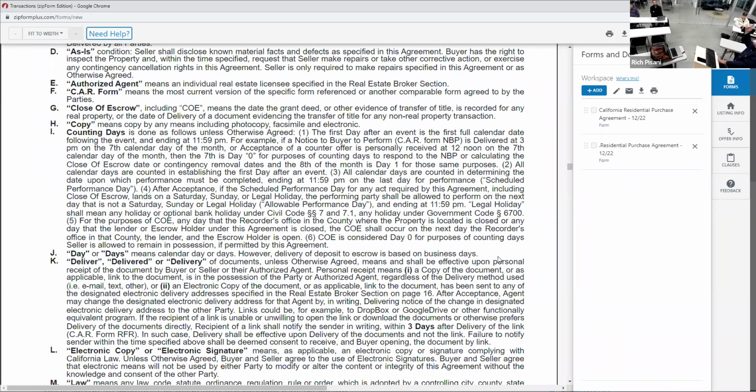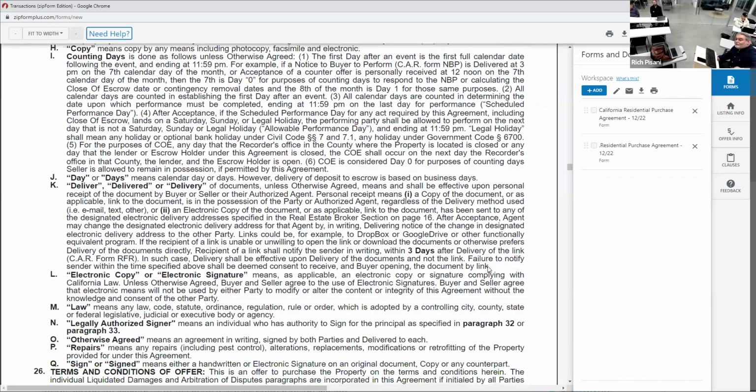So Monday, you have to give them Monday to perform. So on Tuesday, the seller would be able to cancel, or the buyer would be able to cancel, depending on who. And it doesn't matter what time of day you deliver it. It is a day, from midnight to 11:59 p.m. So the day of delivery is day zero. Yes, okay.